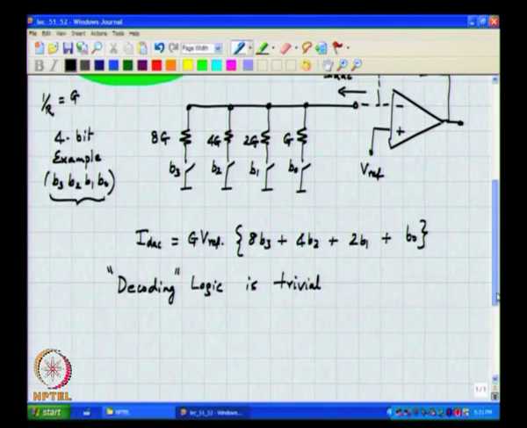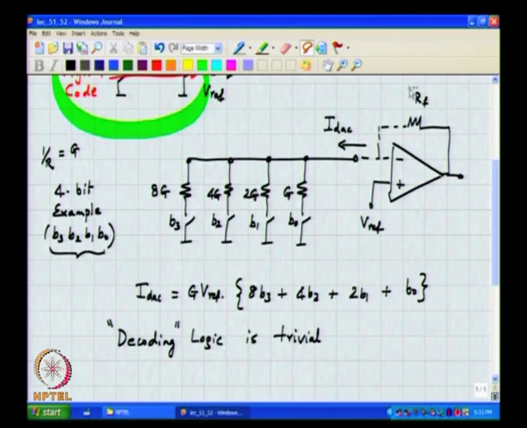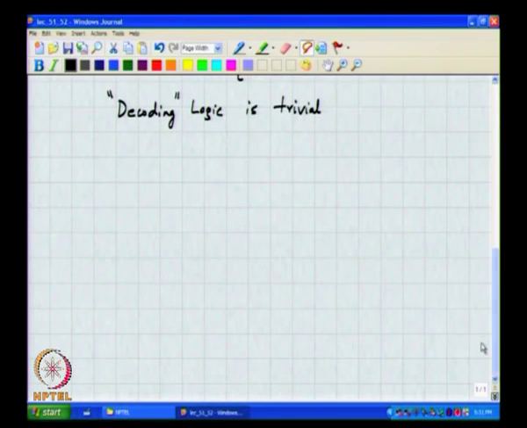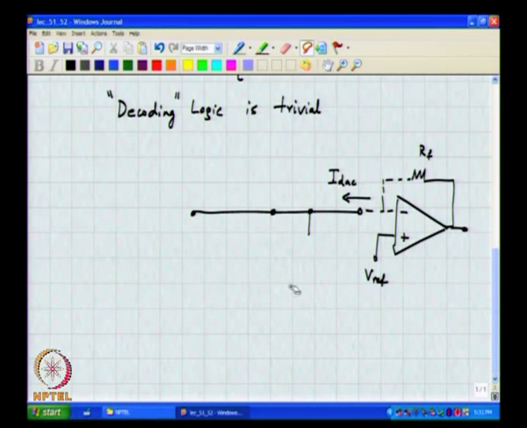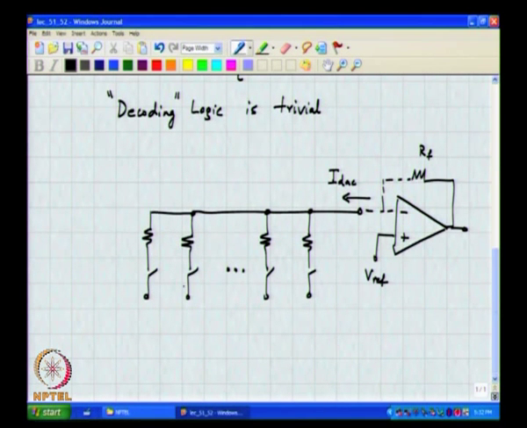On the other hand, it is also possible to realize this network using 15 conductances, all having the same value G. So, when all the switches are turned off, no current flows.